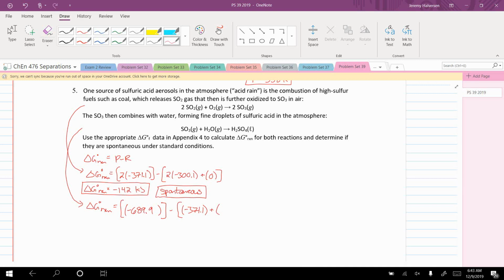And then water as a vapor. Water is a gas. I got negative 228.61. So, depending on where you get those values, they might be a little bit different.